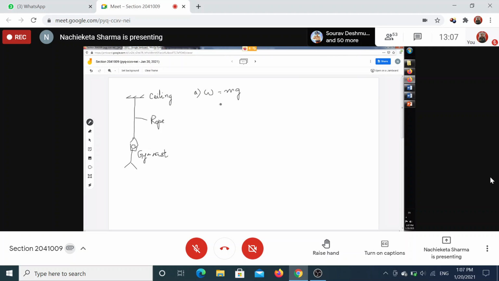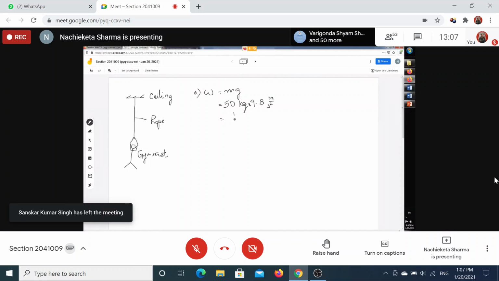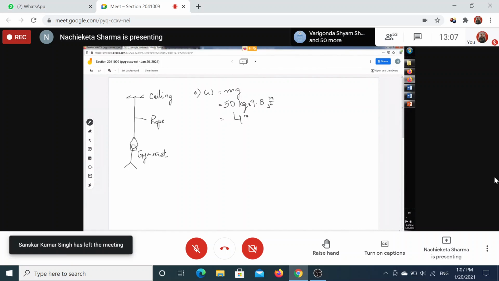In place of m, that is given 50 kg, and in place of g I will write 9.8 meter per second square. Kg meter per second square is Newton, and 50 into 9.8 is 98 into 5, that is 500 minus 10, or you can get 490 Newton, isn't it?